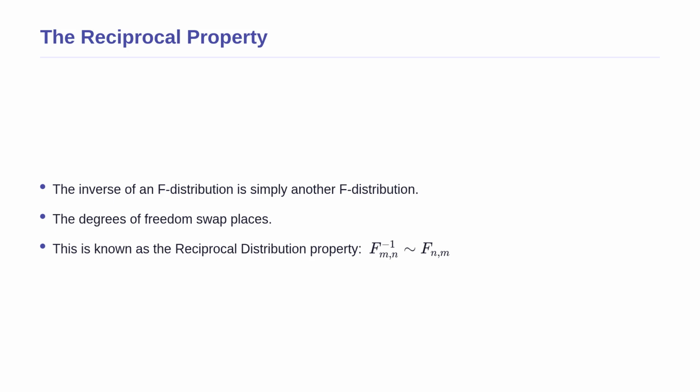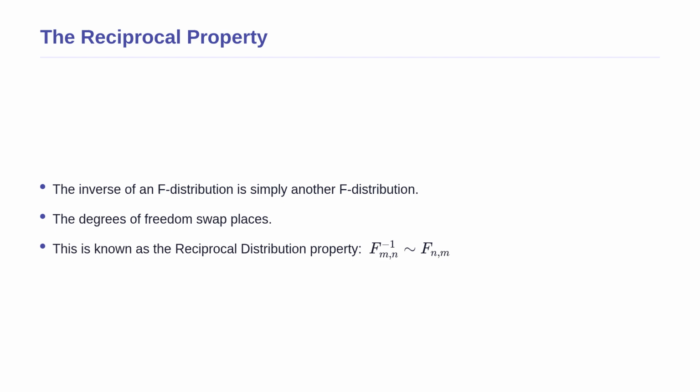We can definitively state that the inverse of an F distribution with m and n degrees of freedom is simply another F distribution. The only difference is that the degrees of freedom have swapped places, becoming n and m.